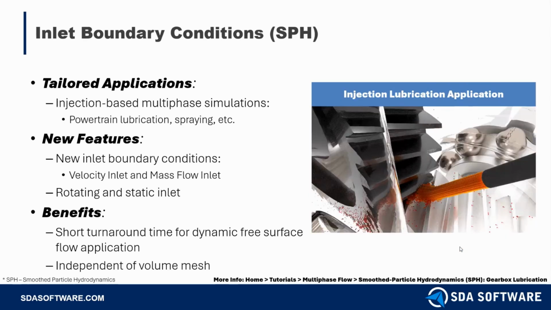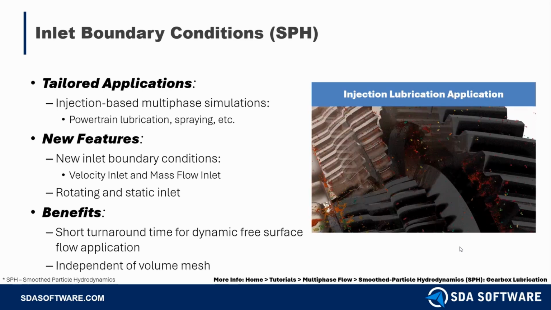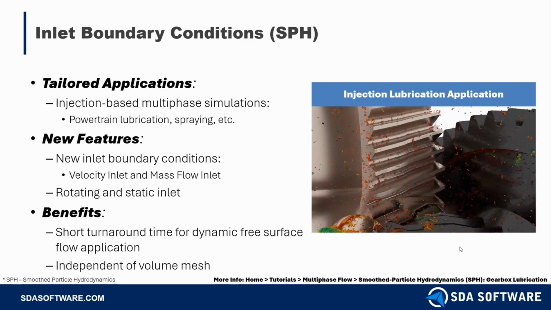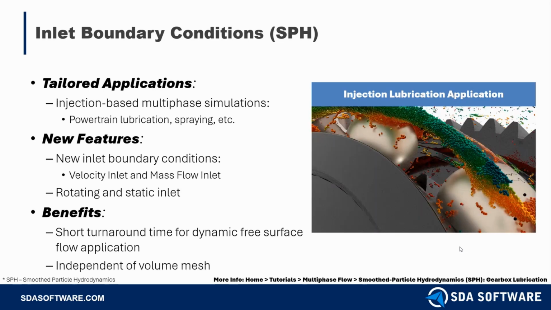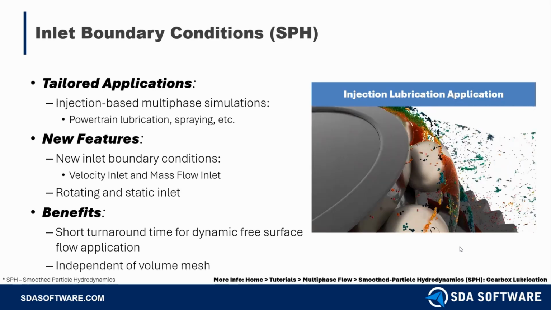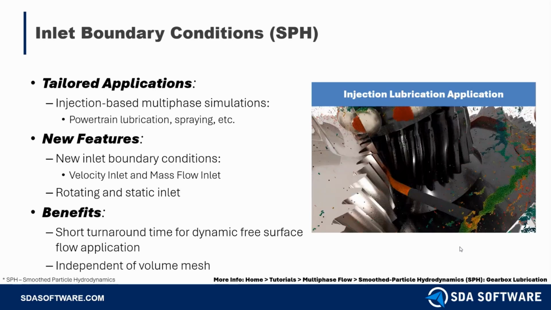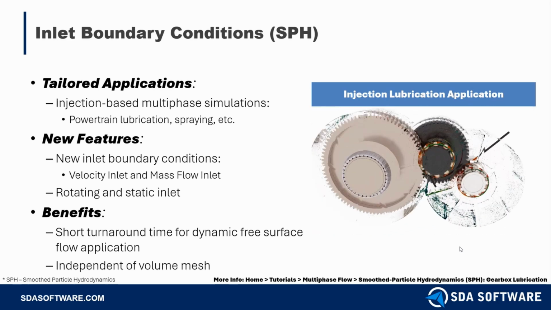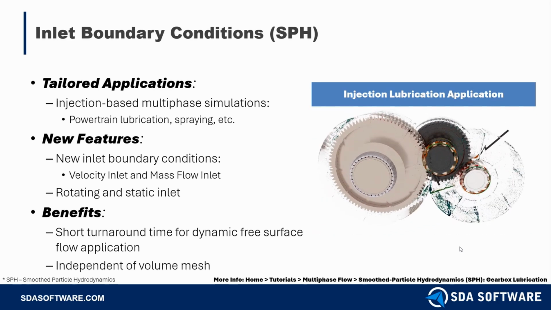Let's talk a little bit about the new things in smooth particle hydrodynamics, also known as SPH. The SPH module was introduced for the first time in the last version, 2402. And in this version, STAR is continuing to improve the capability of the SPH module. A new inlet boundary condition is added to the SPH module in this version.